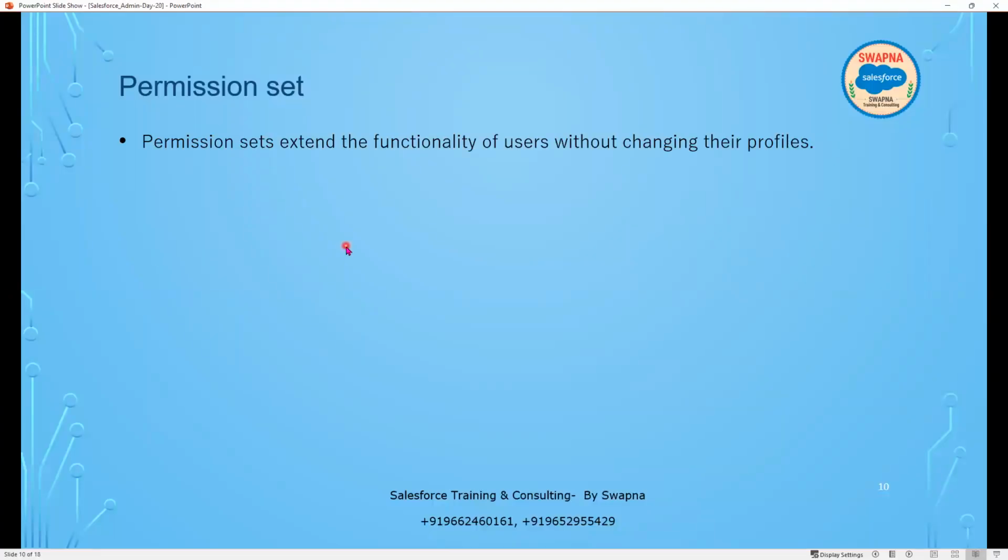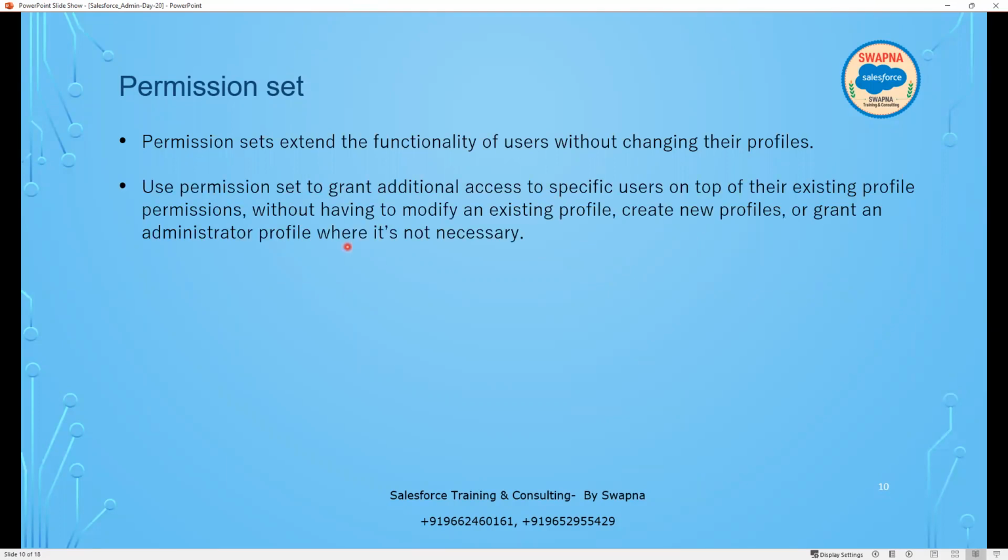Permission sets extend the functionality of users without changing their profiles. That means we use a permission set to grant additional access to a specific user on top of their existing profile.